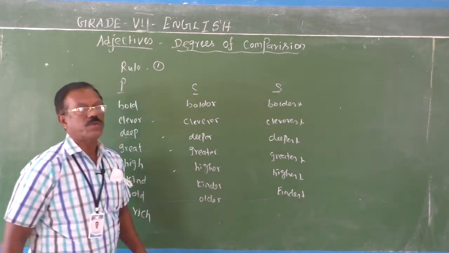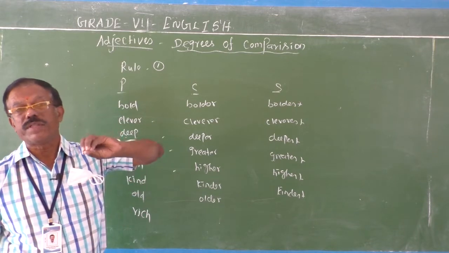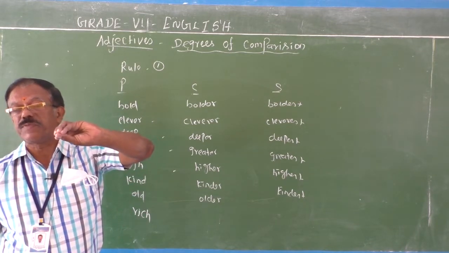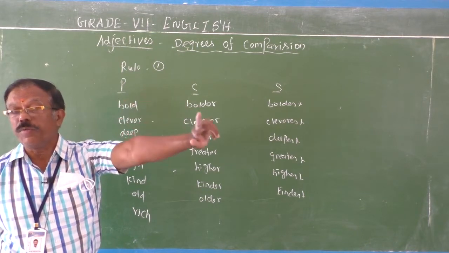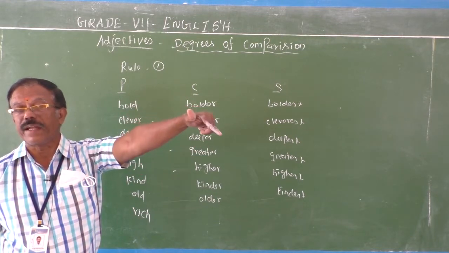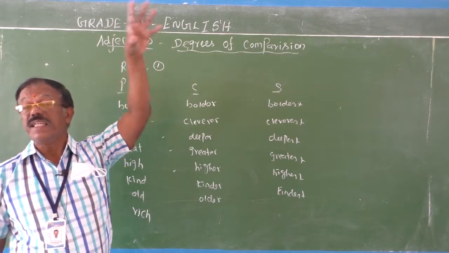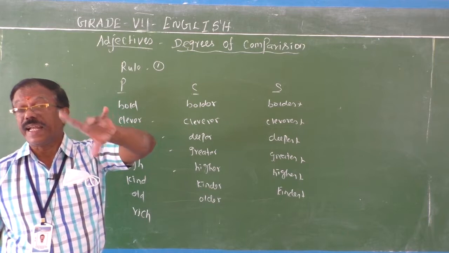You can also use elder. When you talk about the age of a person, there you have to use old. He is an old man. I am a young teacher. Older, oldest. But when you talk about seniority, then you have to use elder, eldest.